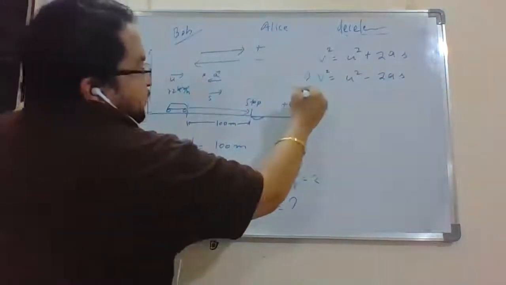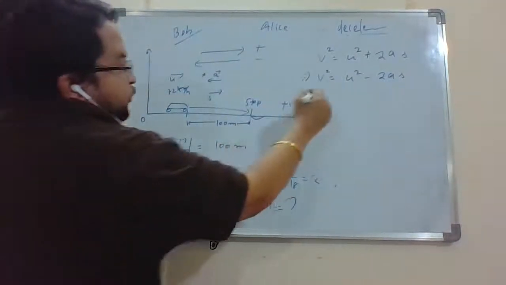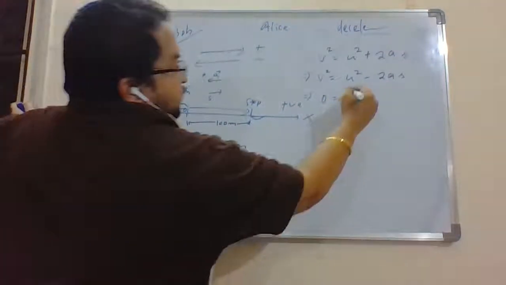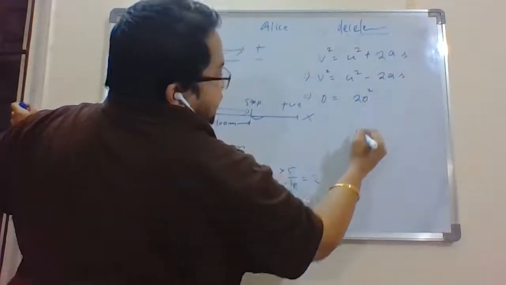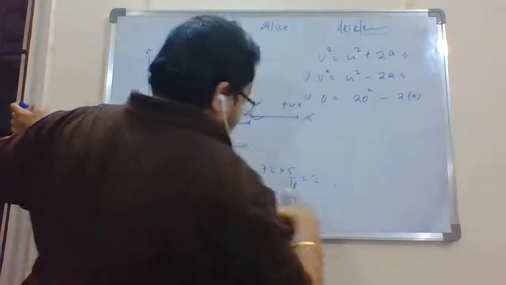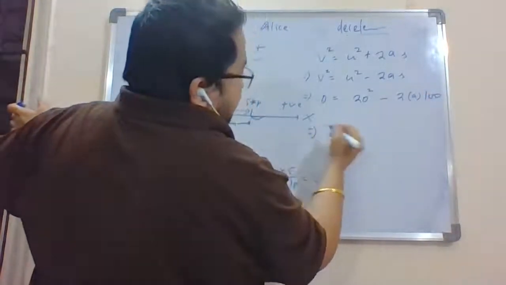Now put the values. What was the final velocity? It was 0. So 0 equals u square, 20 square minus 2. We need to find out A, and distance is given as 100. So solve it.